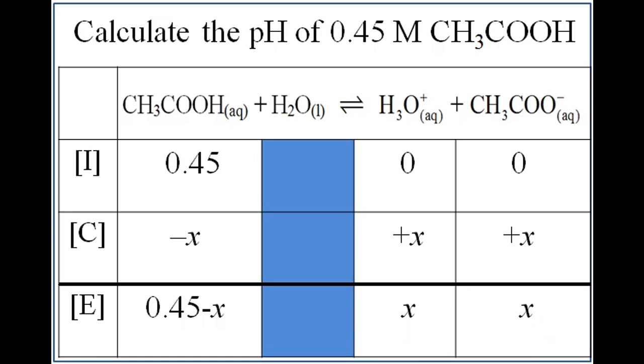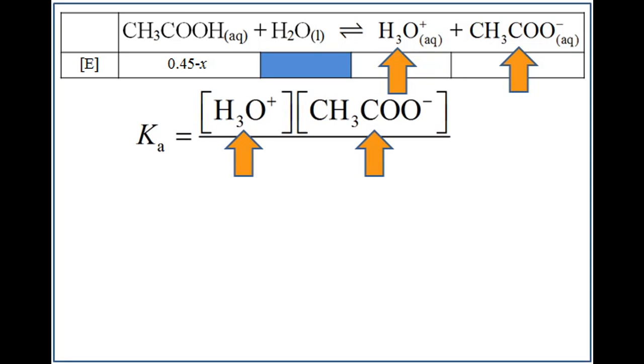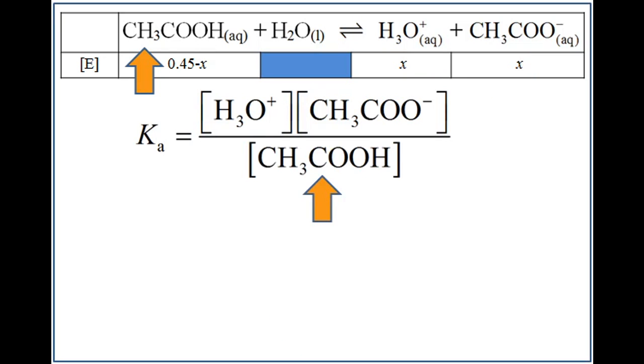Now we need to solve for X. Here's where we write the equilibrium constant expression for the ionization. Because this is a weak acid, we call the equilibrium constant Ka. The hydronium and acetate ions are the products, so they are written in the numerator. The acetic acid is the reactant, so it's written in the denominator.